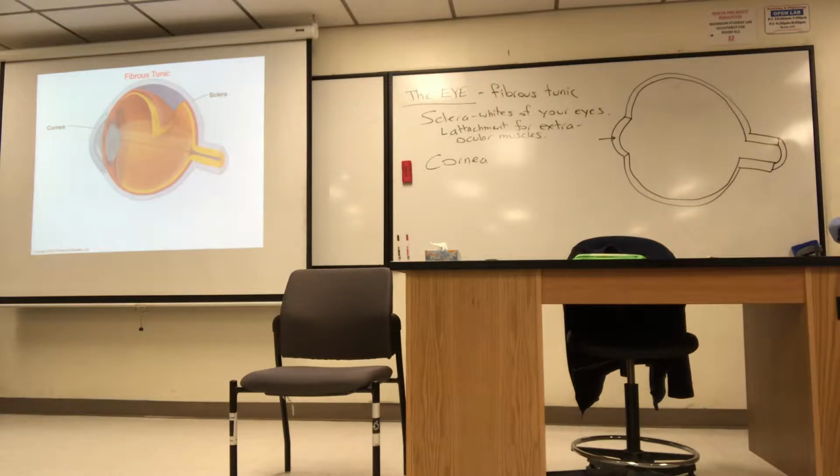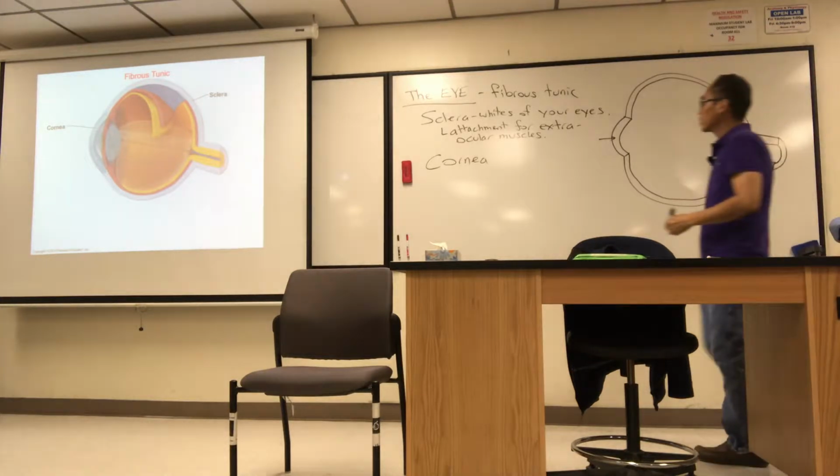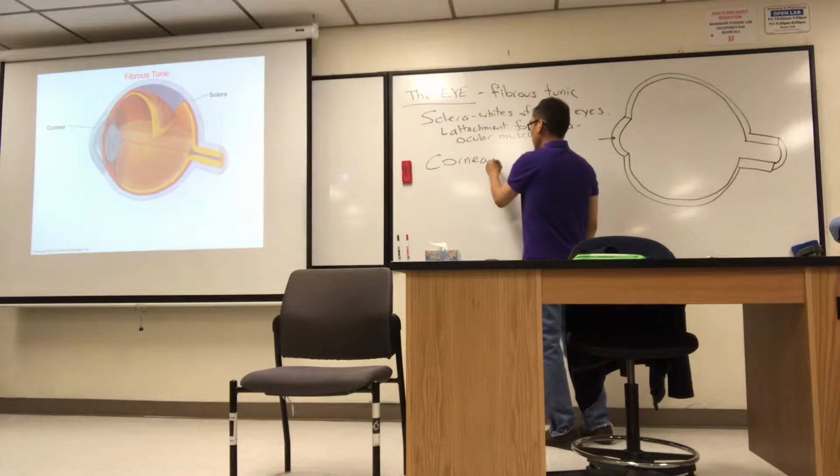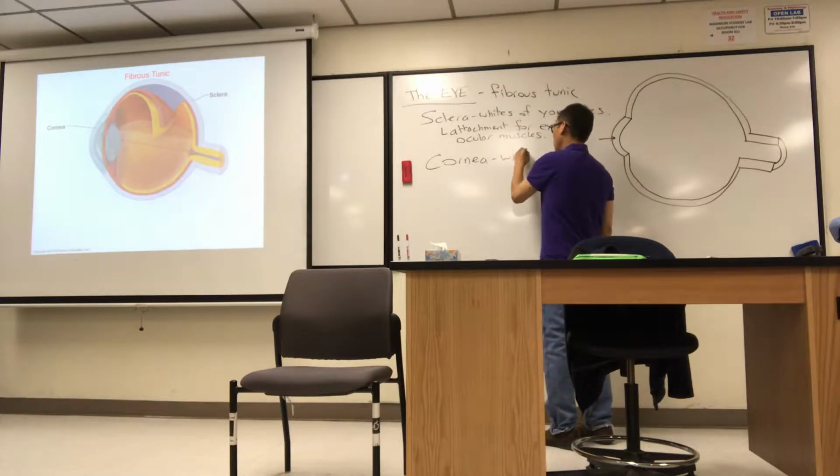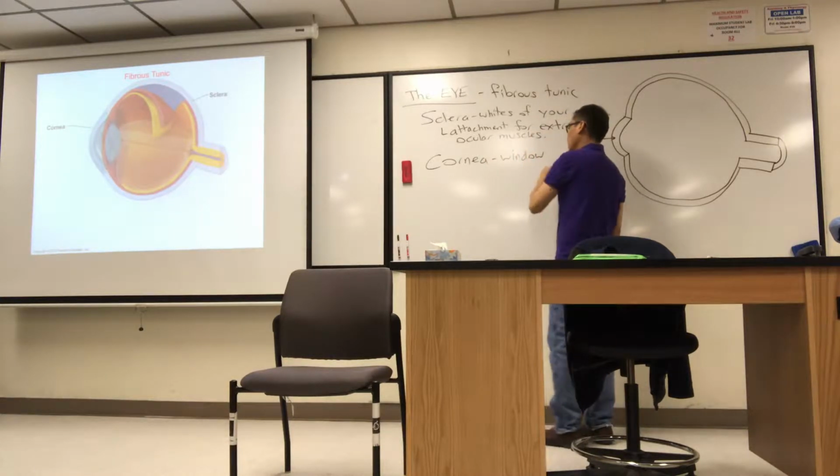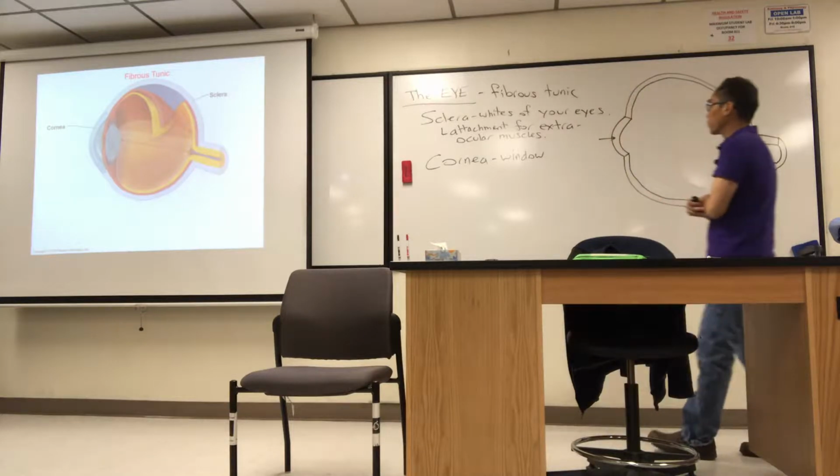It's mostly the lens that helps bend the light rays, but the cornea can bend light rays too. Think of the cornea as the window of the eyeball. Light first must pass through there, the window of the eye. Lets light rays through.